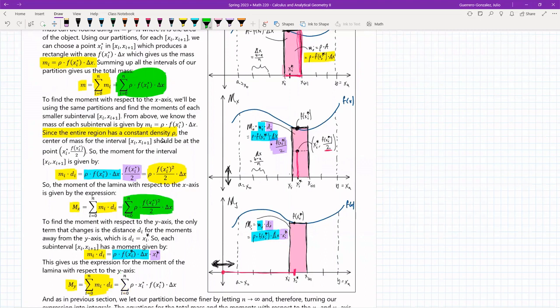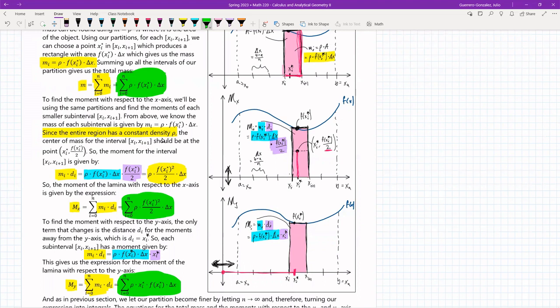This right here is the construction for the moments with respect to the x-axis of our shape. And this down here is the moments with respect to the y-axis of our shape.